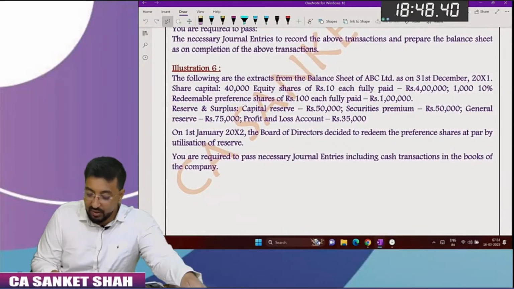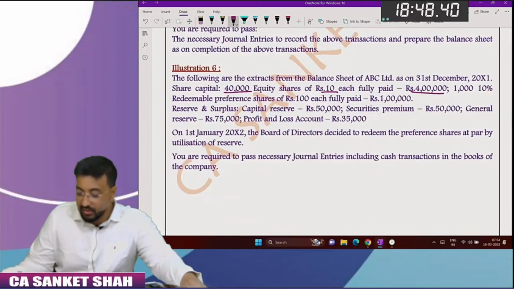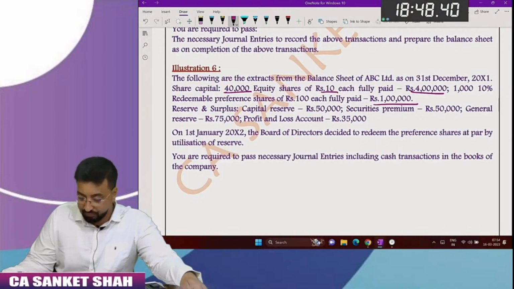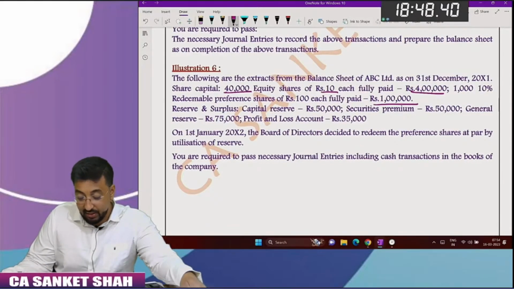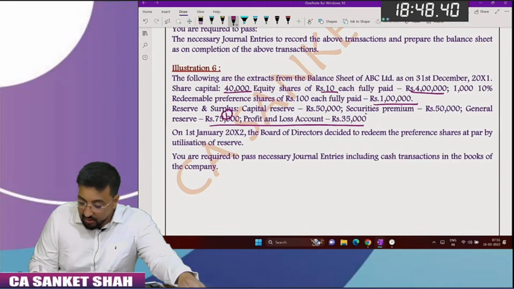Share capital: 40,000 equity shares of 10 each, 4 lakhs. 1,000 10% redeemable preference shares, capital will be rupees 1 lakh. So 4 lakh and 1 lakh. Reserves and surplus: capital reserve is there. Security premium 50,000 and free reserves. So only capital reserves and free reserves are available. 75,000 and then P&L.